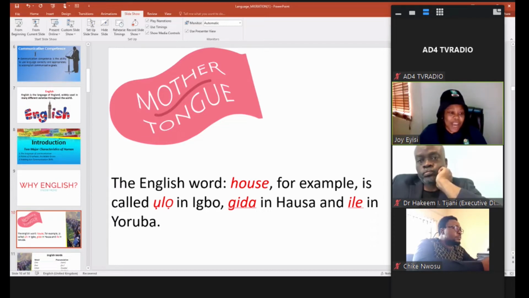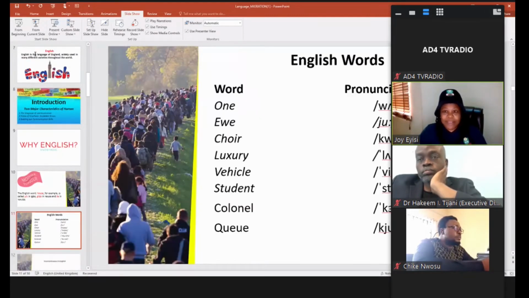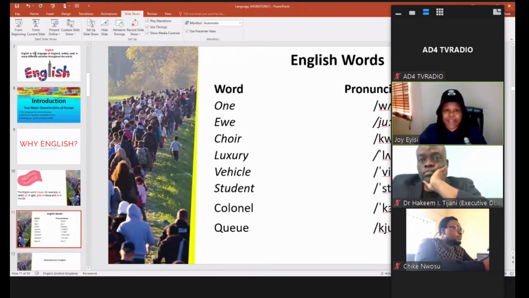In the English language, words are not usually pronounced as they are spelled, and they are not spelled as they are pronounced. These are examples of words of the English language. The first one we have here is one, O-N-E, one. Look at the pronunciation. It's far away from the spelling. E-W-E.